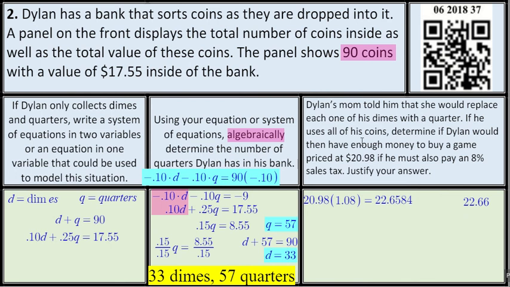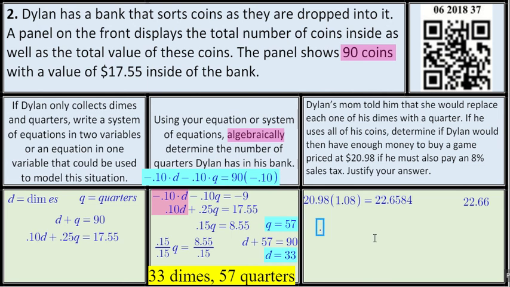So now, here's the really nice part. Dylan's mom told him she would replace each of his dimes with a quarter. So we don't have to worry about anything that happened before because we know he had 90 coins. So in this case, every one of those coins would be a quarter.